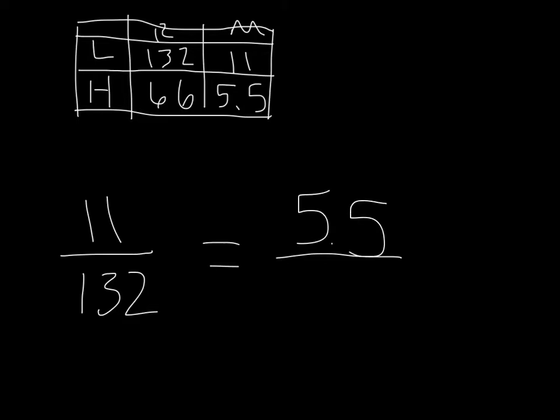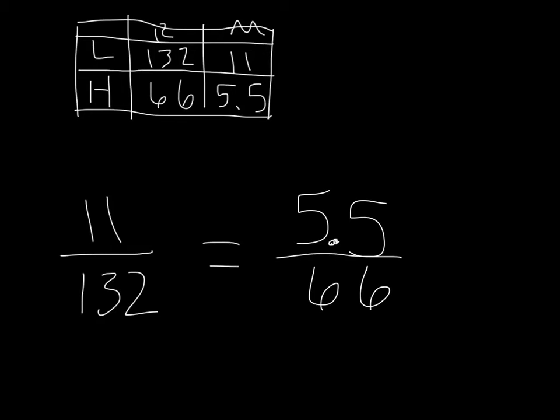Just like before, the numerators are from one figure and the denominators are from another object. In this case, it's the model and the actual race car. So the denominator is going to be 66 because that's the height of the race car.